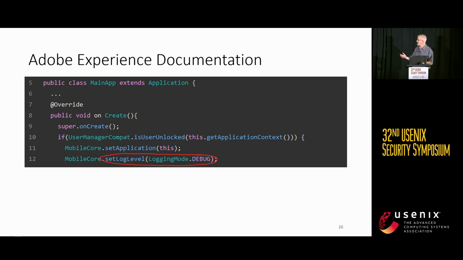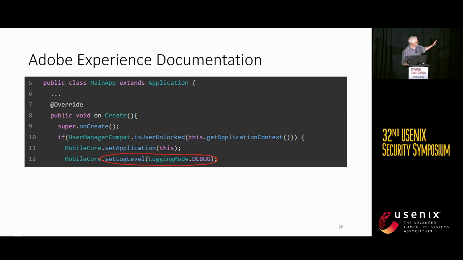Well, the Adobe Experience documentation details how you can set the logging mode to debug if you want. That's right from the documentation. By default, however, the logging mode is set to error. So why was it set to debug? If it were default, none of those log entries would have been there.